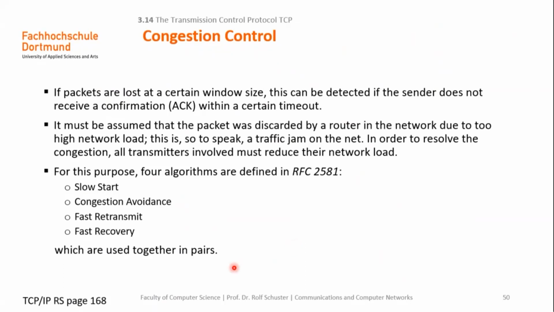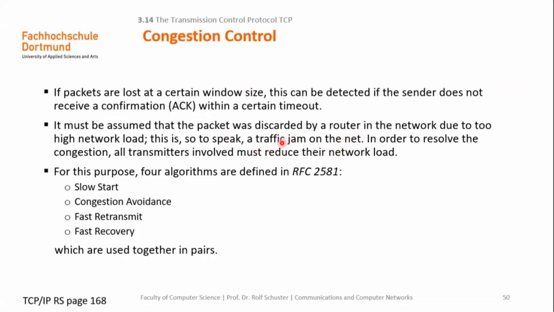That is, if packets are lost at a certain window size, this can be detected if the sender doesn't receive a confirmation within a certain timeout. It must be assumed that the packet was discarded by a router in the network due to too high network load. That is, the cause is congestion and not an error, which would typically be, for instance, an impulsive error in one of the links. This is, so to speak, a traffic jam on the network.